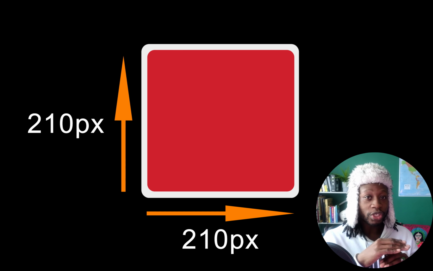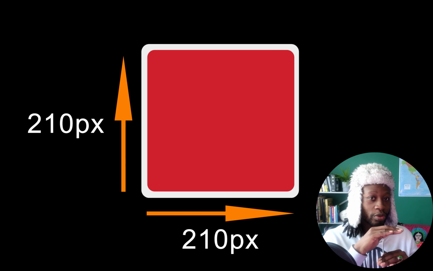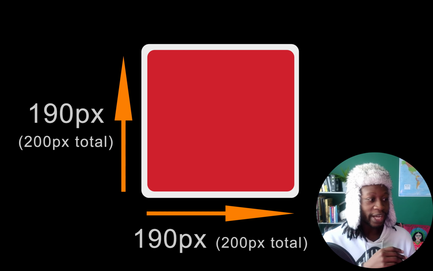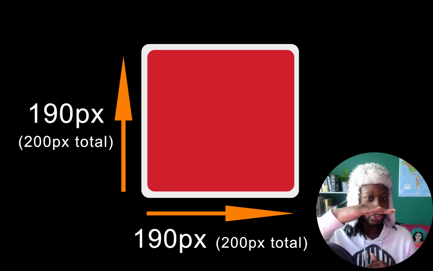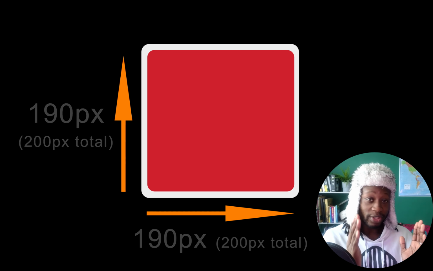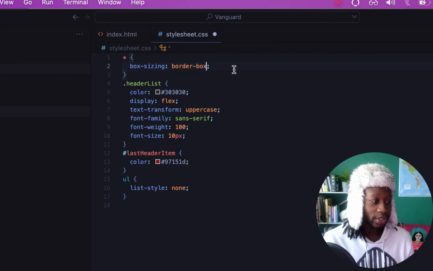So the border starts to eat into the box. Instead of a box that is 200 pixels, you'll have a box that's 190 pixels and then 5 pixels on top, 5 pixels at the bottom, which makes 200. And the same for the side. That's how box sizing and border box work. The more you know.